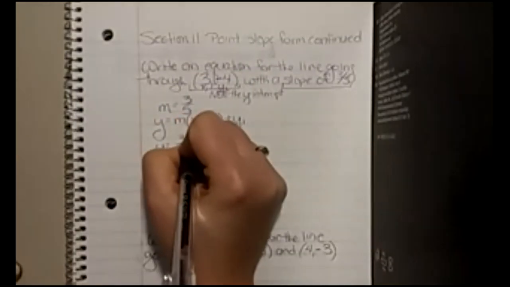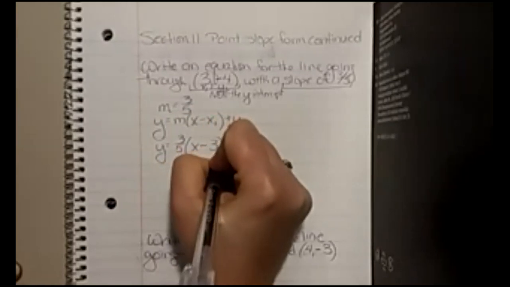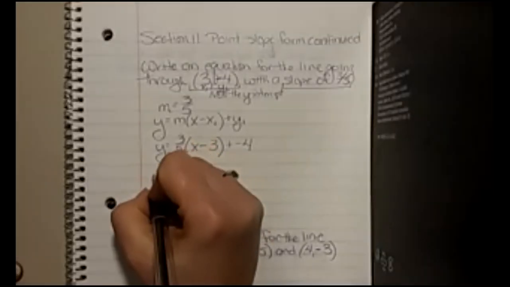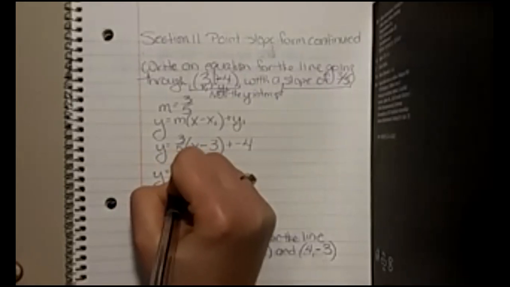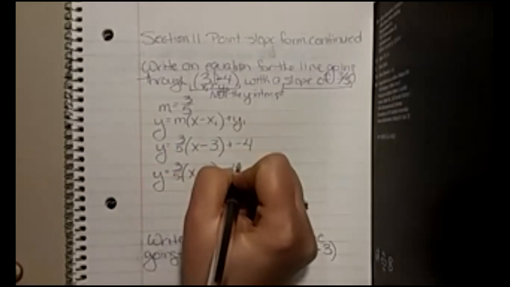This is going to be y equals 3/5 times (x minus 3). Either plus -4 is fine because you're just plugging in for y1, but we know that that's the same thing as just saying minus 4. So you can just write it as y equals 3/5 (x minus 3) minus 4.